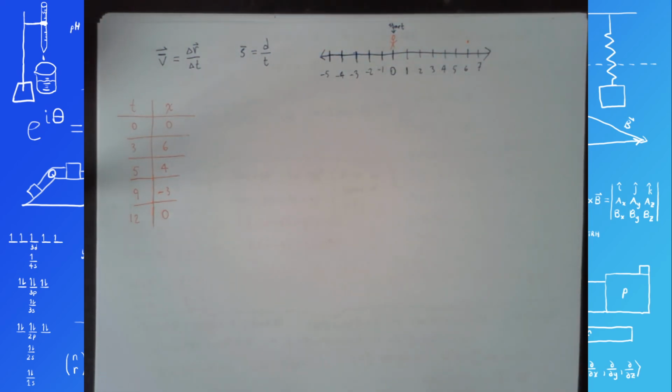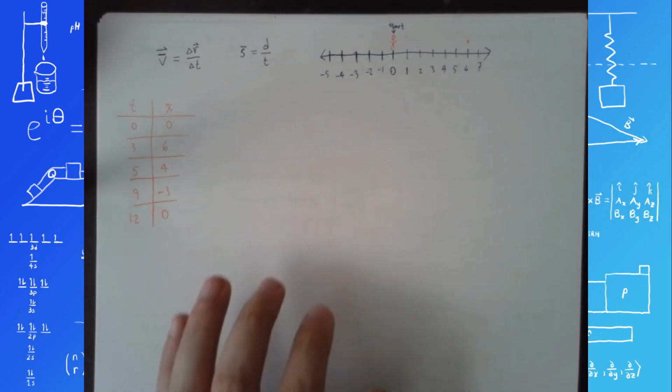Let's say they move like that. Okay, we want to calculate what their average velocity and average speed are for a bunch of different time intervals.